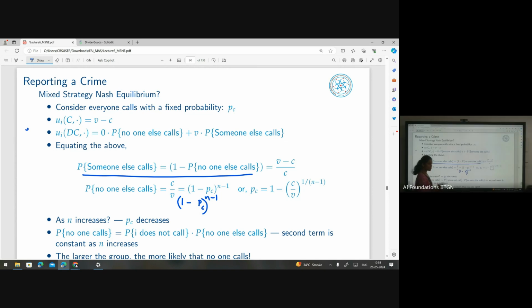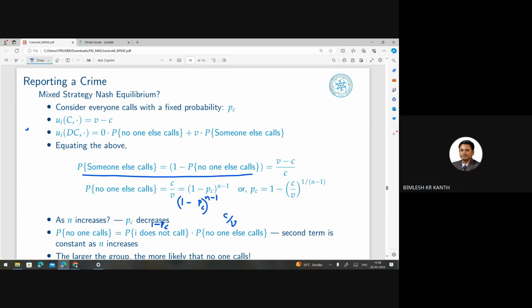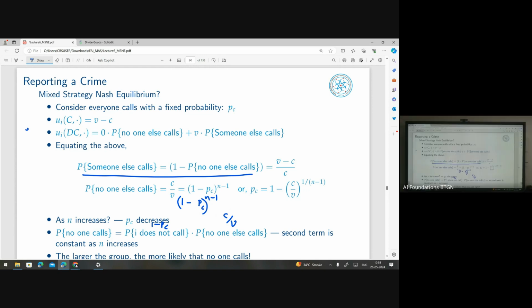Now, the probability that no one else calls is a constant, C by V. And the probability that I does not call is 1 minus PC. So 1 minus PC increases as n increases. The probability no one else calls, we established this formula. It is equal to a constant C by V. So C and V are fixed in the game.